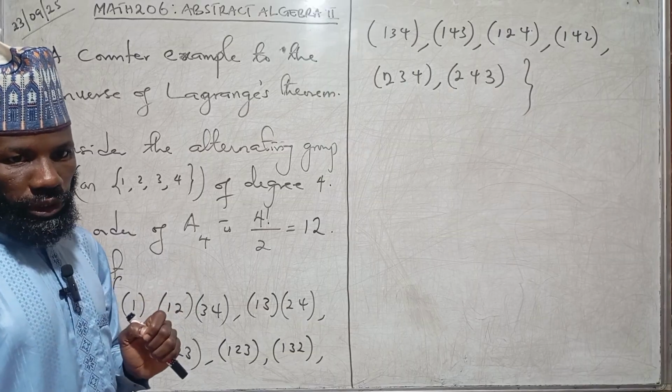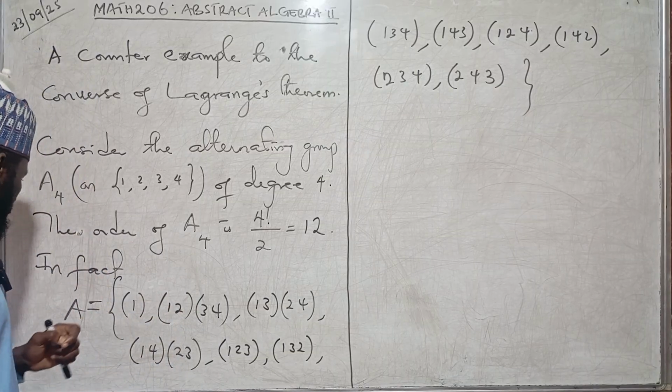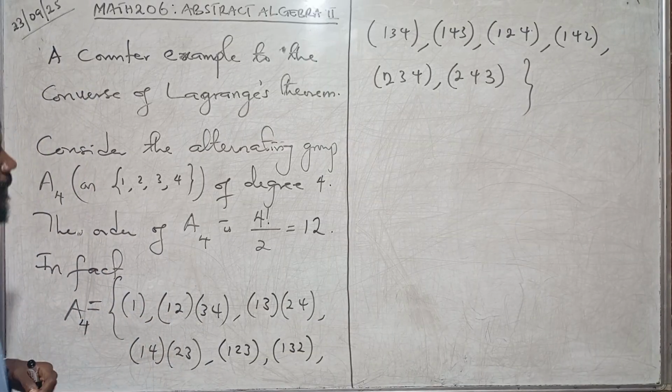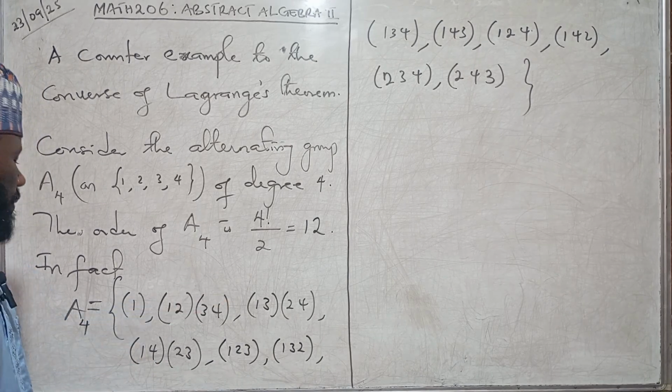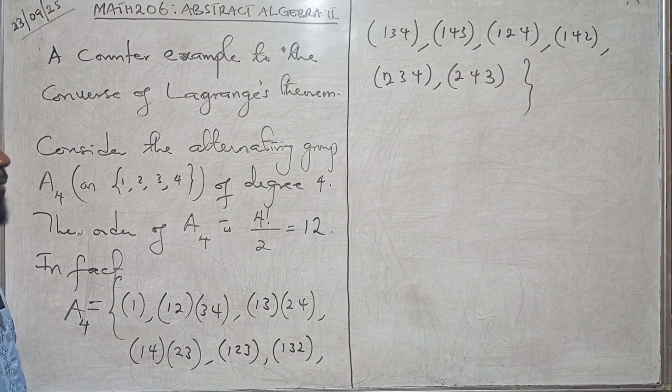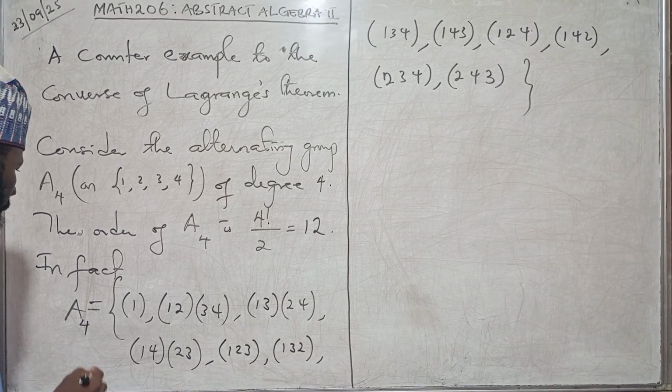And that's the order of the alternating group A4. The order of the alternating group is 12, and we have 12 elements. If you look at these 12 elements, they are of three kinds.